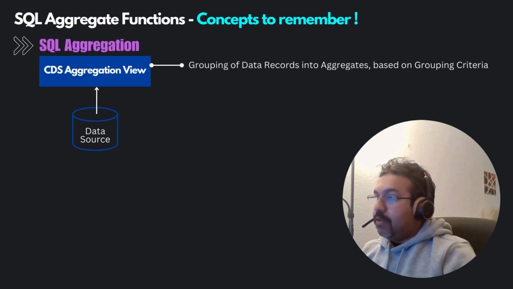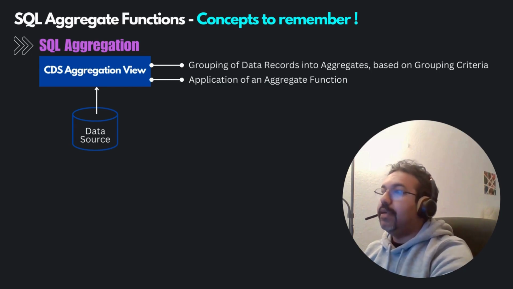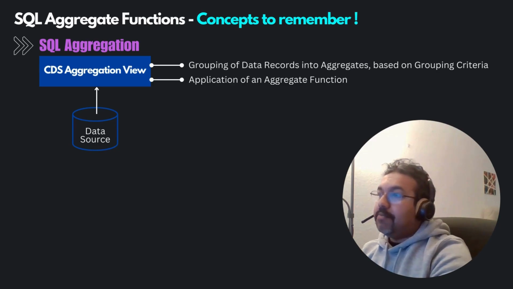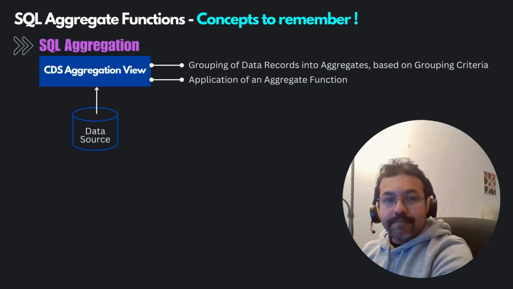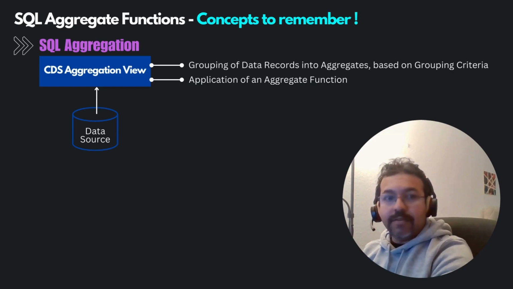And once they're grouped into aggregates, you perform an aggregation function on one of the columns, all right? Now, in our example, we had summed up the ordered quantity column, right? So this is the first important concept that we should know, what aggregation basically means.